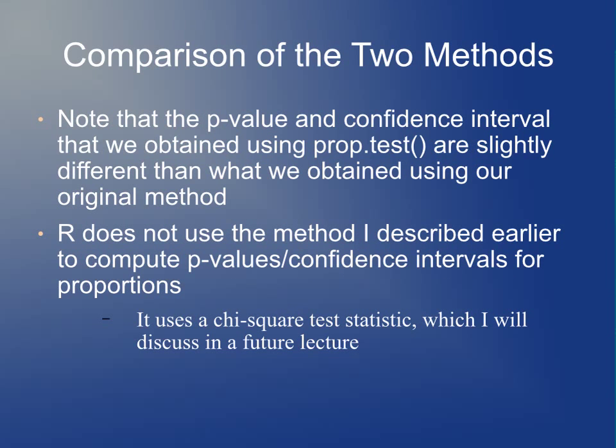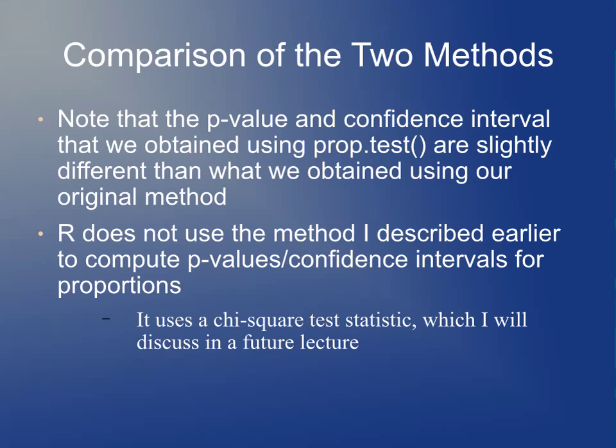And as I mentioned earlier, the p-value and the confidence intervals that we obtained using prop.test are slightly different than what we obtained using our original method. The differences, if you compare the two slides, are pretty trivial, but they're not 100% identical.